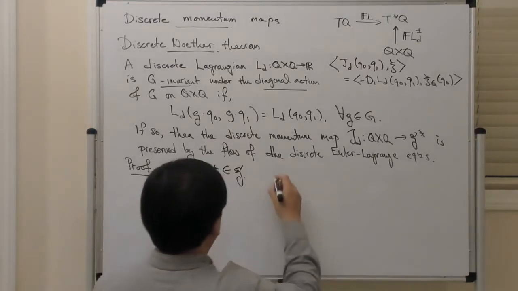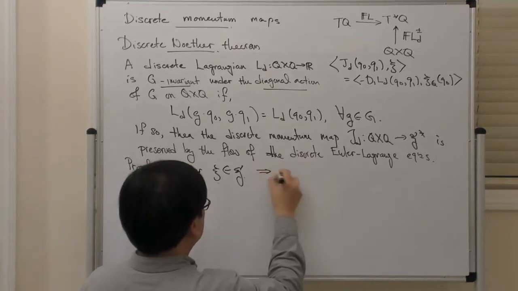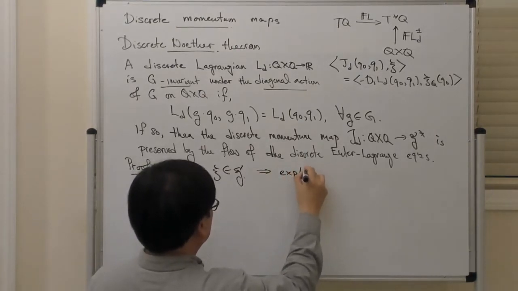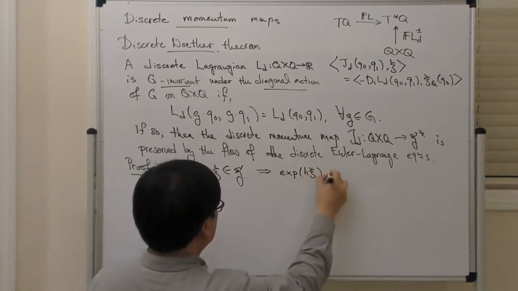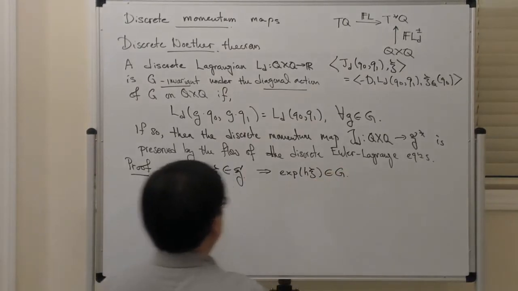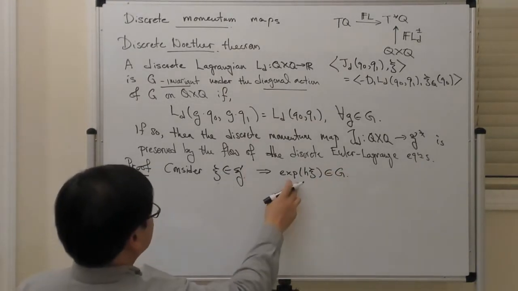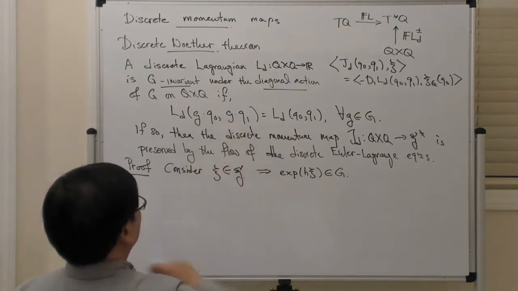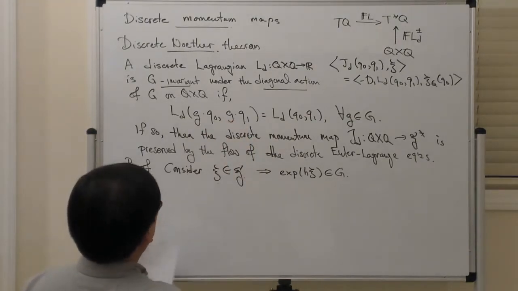So the exponential of h times ξ is an element of the group. Okay. So we can use this element of the group and act on the two copies of Q diagonally.